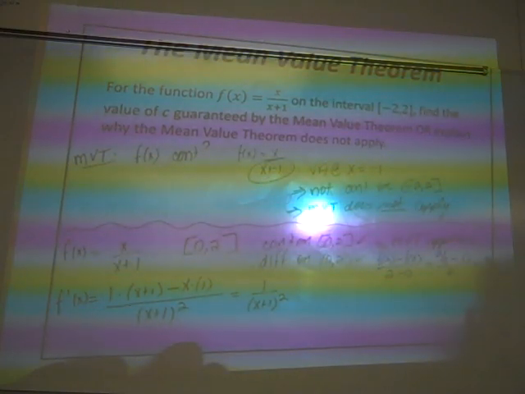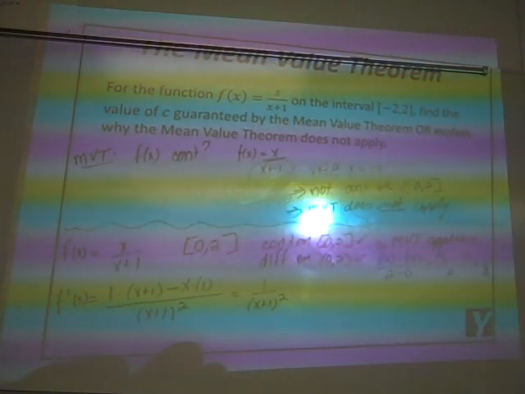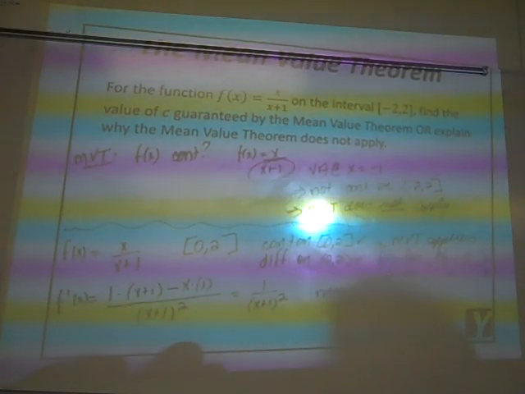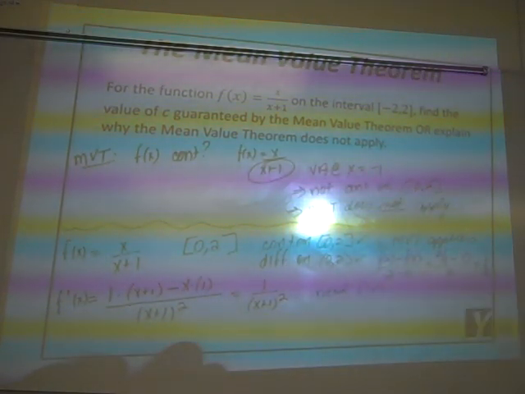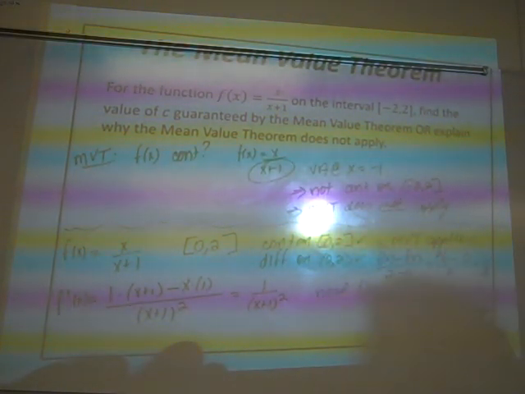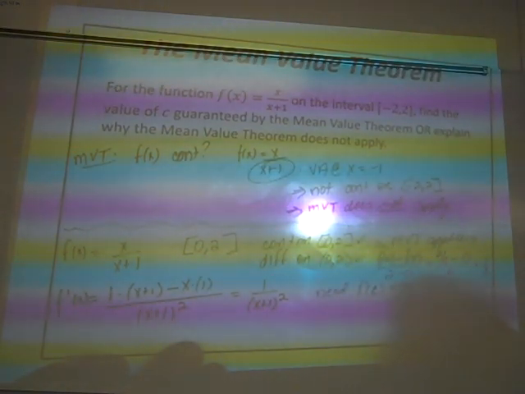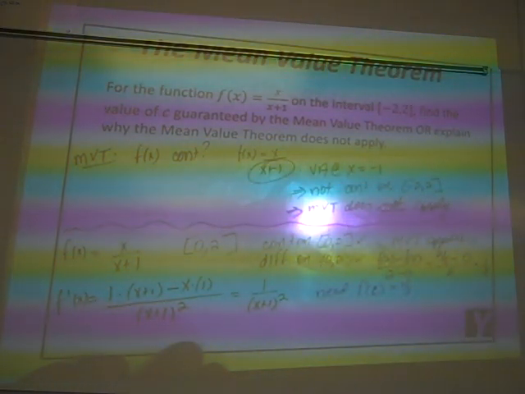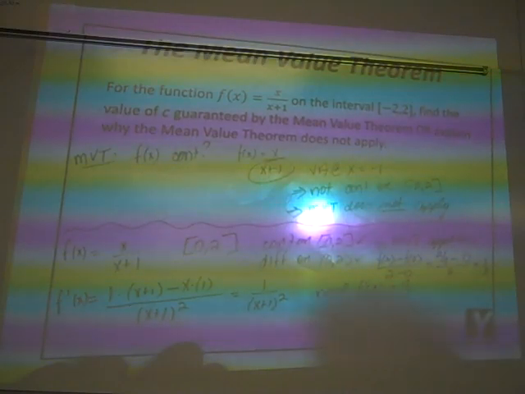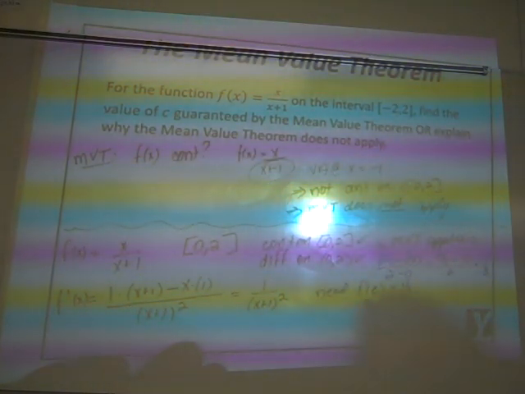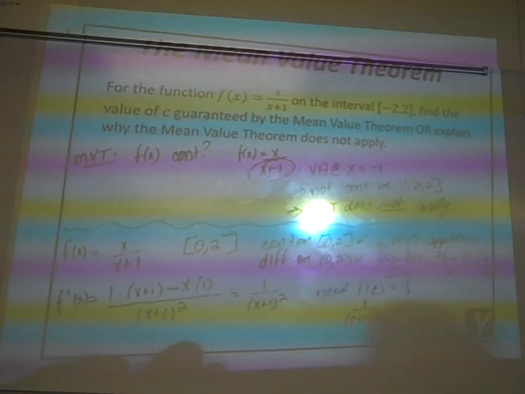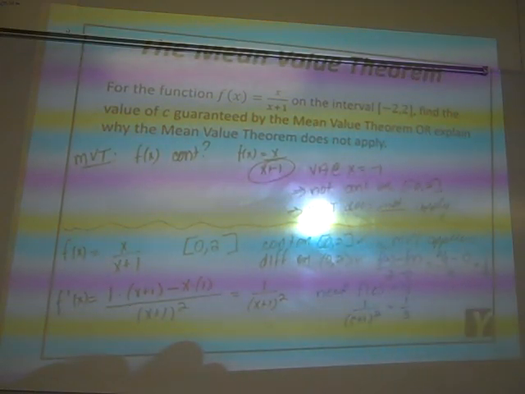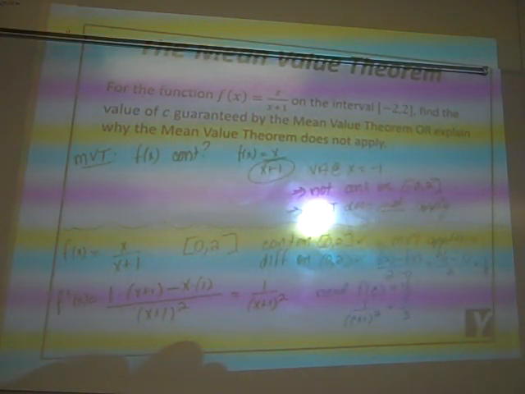I get 2/3 divided by 2, which is 1/3. What I need is the value of c such that f prime of c is equal to 1/3. So I'm going to take my derivative expression and look at 1 over c plus 1 squared and see where that is equal to 1/3.